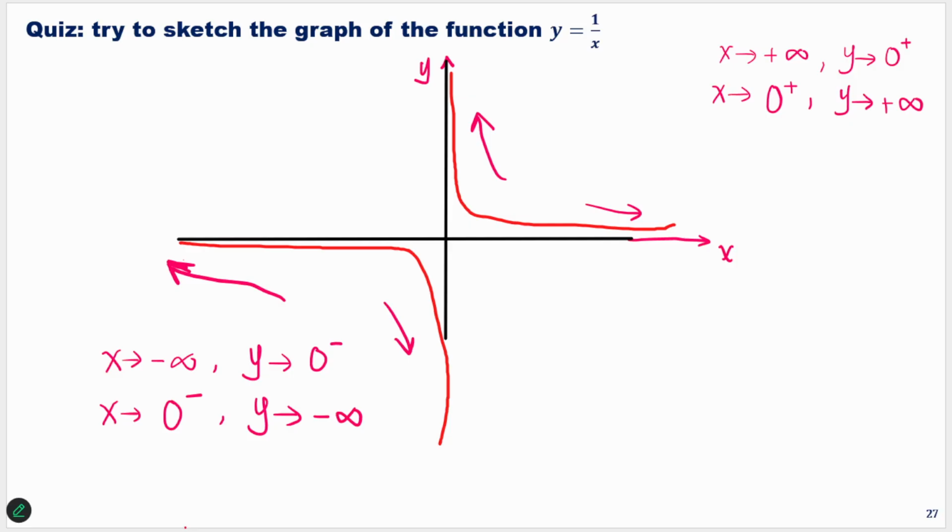Actually, they are symmetrical. They have point symmetry about the origin. We'll talk about this later. It's the simplest form of a rational function.